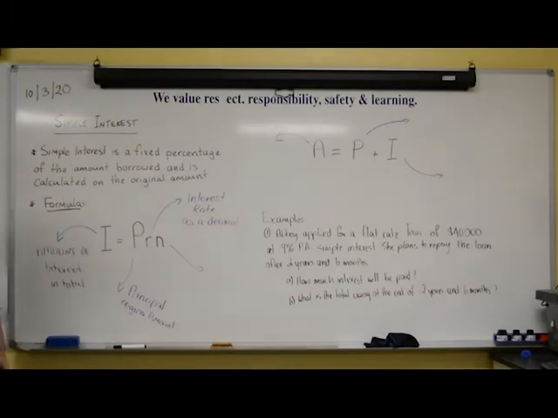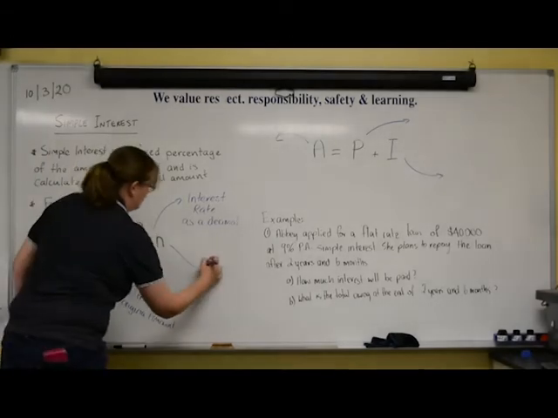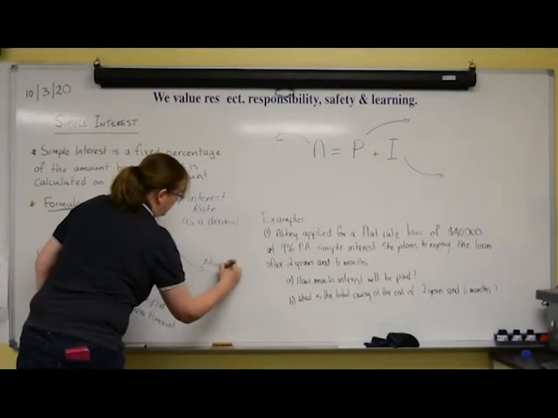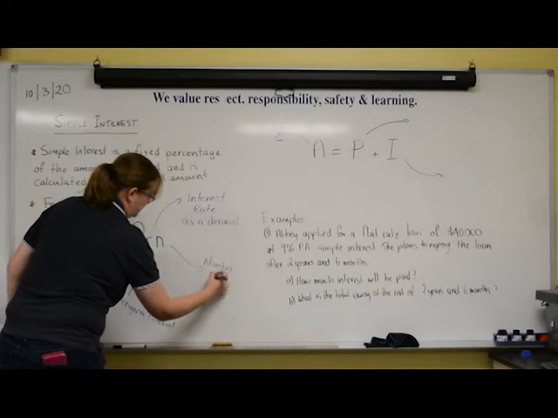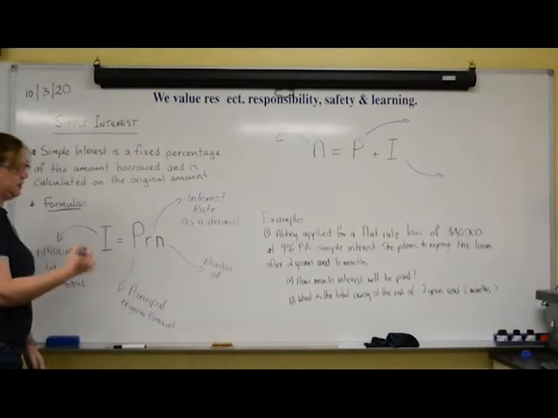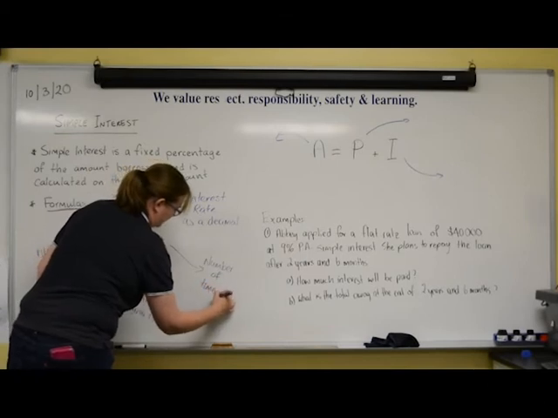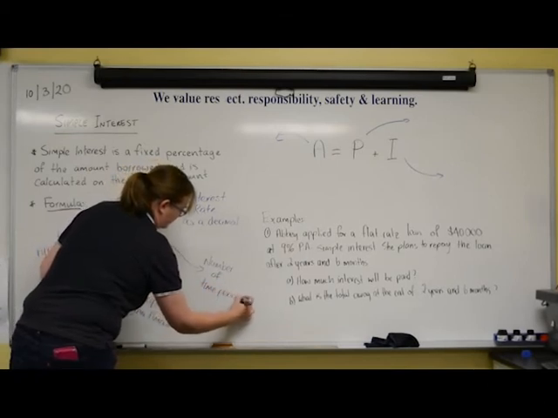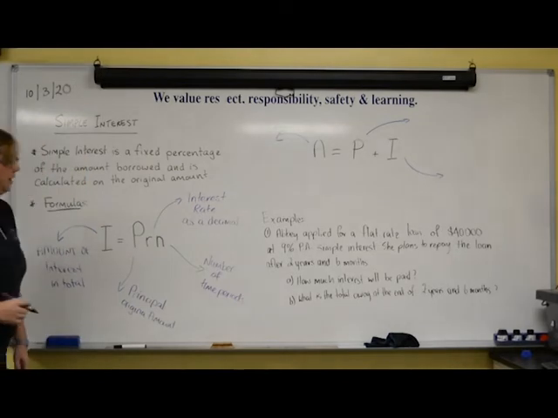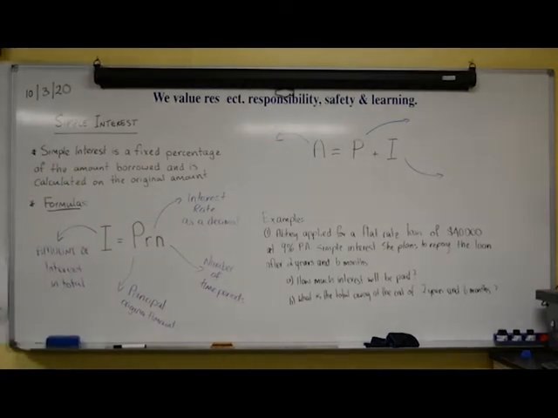And then last but not least, N. N is the number of time periods that we're looking at. So that could be 2 years, 3 years, 6 months, whatever it is, that's what N stands for. Any questions on that particular formula?